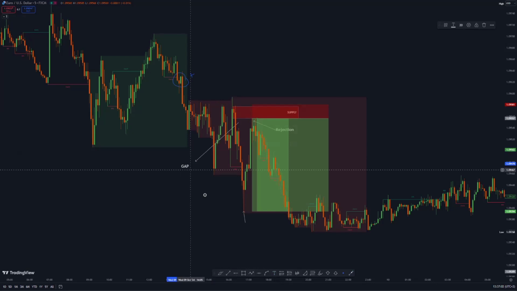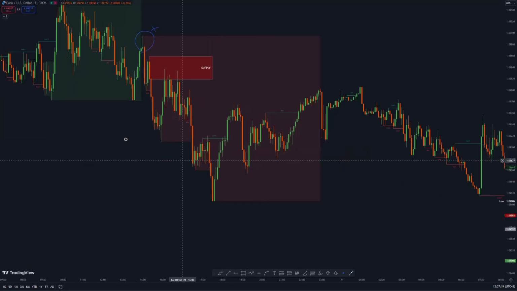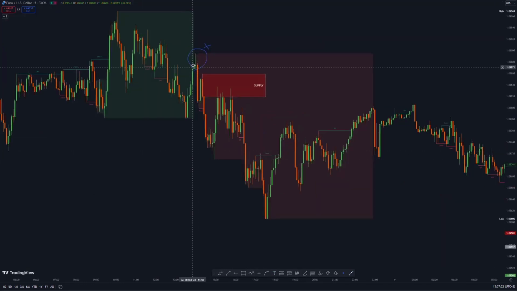Okay, so I think we can look for another one which is going to help us as well. If you are alone, pause the video and look at your charts to see if you can find those areas. As you can see here, we have that supply, which is beautiful, but when the market was moving to the downside after creating that supply, it didn't break structure.